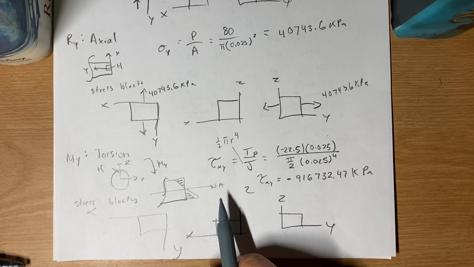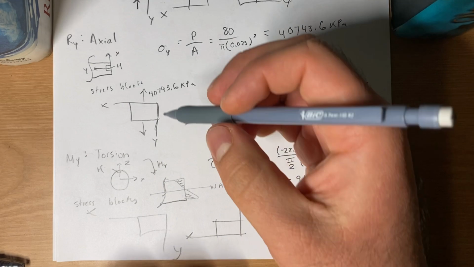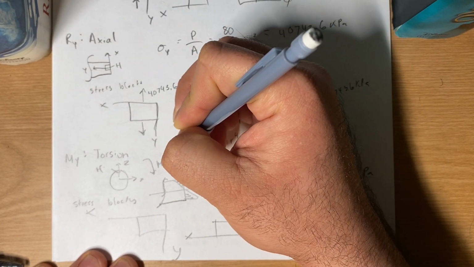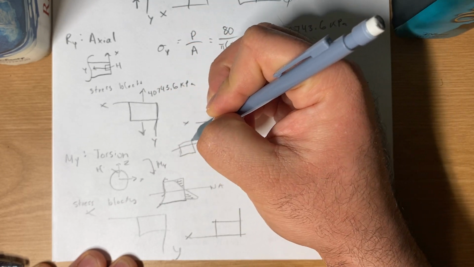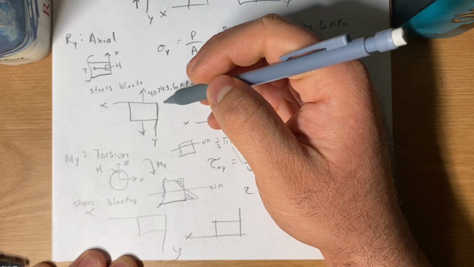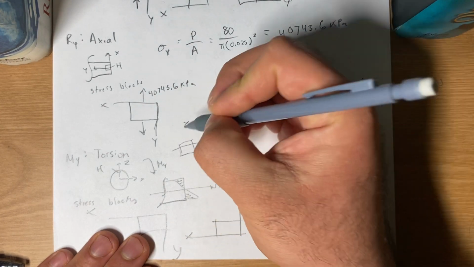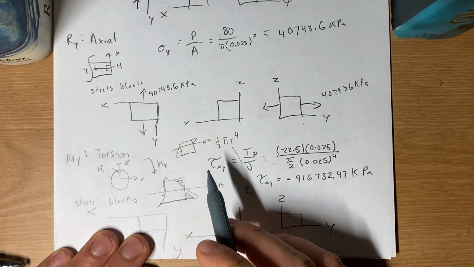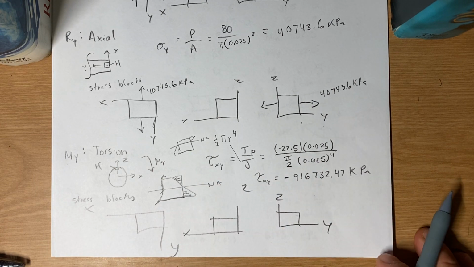At our neutral axis, nothing happens. So if I draw this, my block would look like this. And then say this is the neutral axis. Well, you know that this is going to shift a little bit. This actually shifts like this. So at the neutral axis, nothing happens.